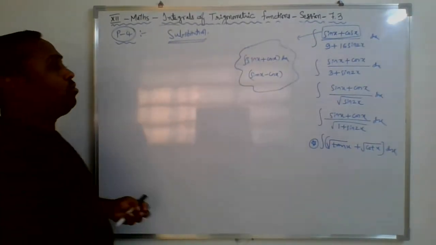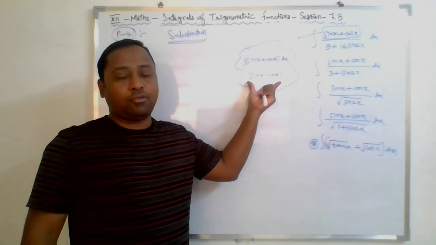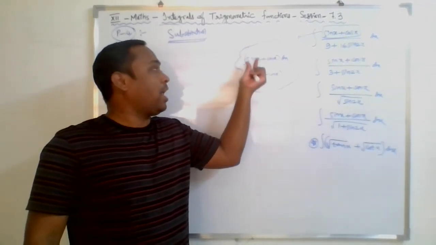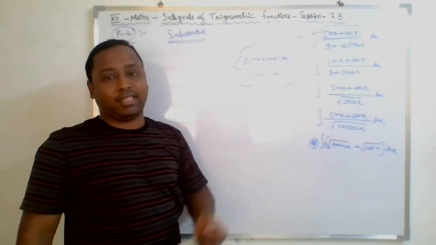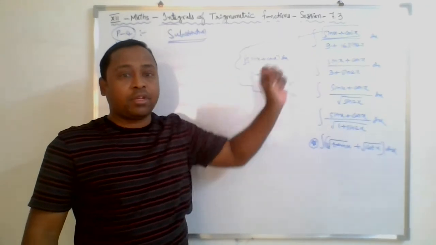So I am purposely taking sin x minus cos x equal to t so that its derivative, sin x plus cos x, is available in the numerator.